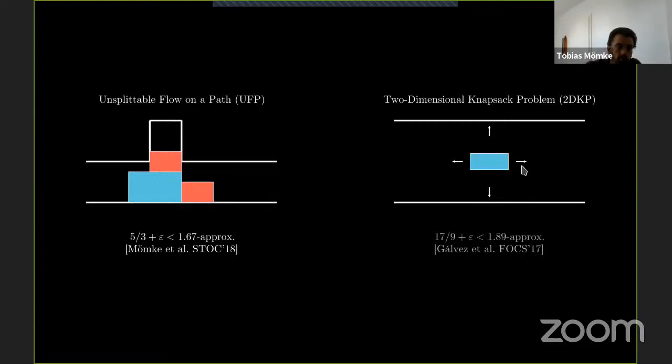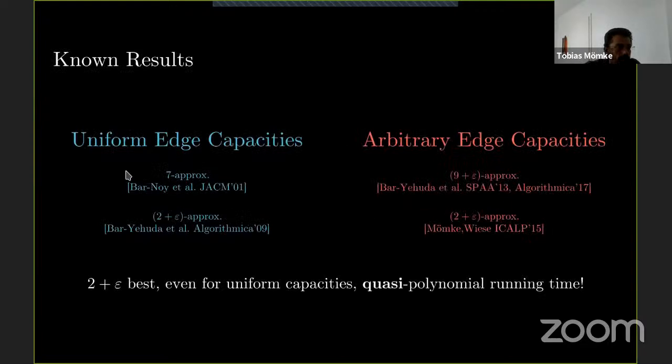For both problems, there was a 2-approximation, and the barrier was broken at STOC 2018 and at FOCS 2017. But due to these extra challenges in the storage allocation problem, this was really not easy for it. And therefore 2 plus epsilon was until recently the best known result for that.